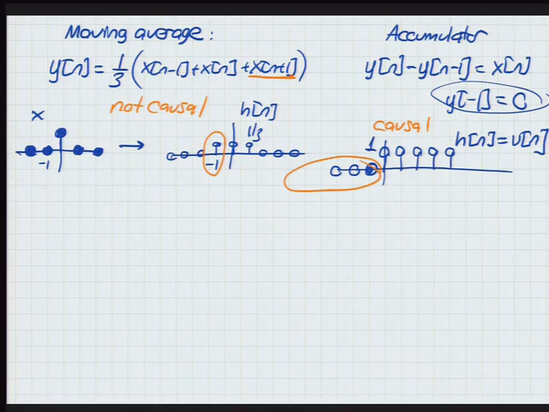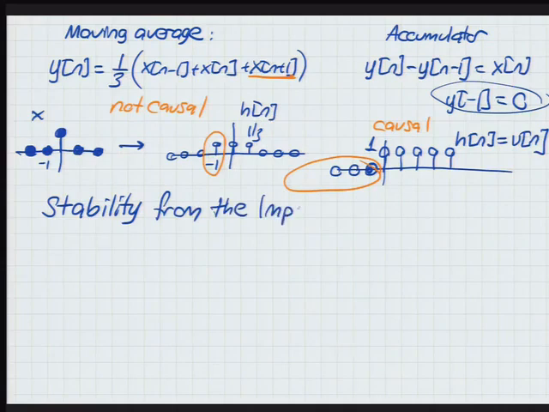All right, another more interesting property is stability, right? Stability meant bounded inputs generate bounded outputs, right? That was our definition of stability. So how do we determine that from the impulse response? All right, I'll tell you the answer, and then we'll discuss why that's true.